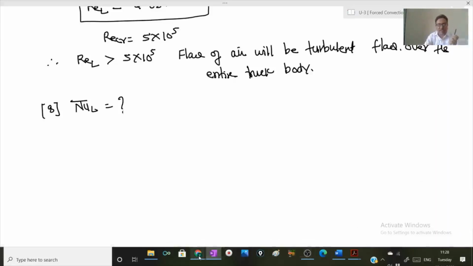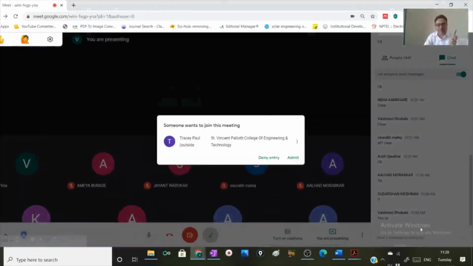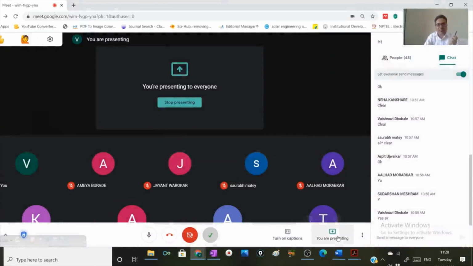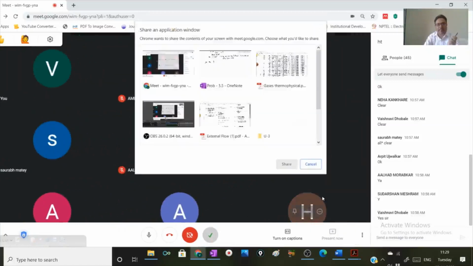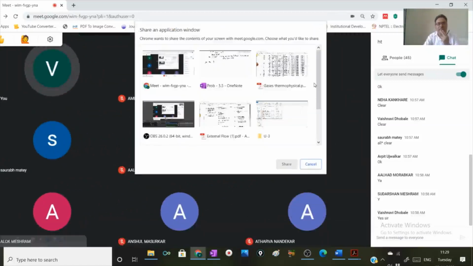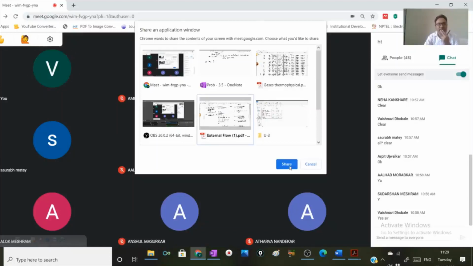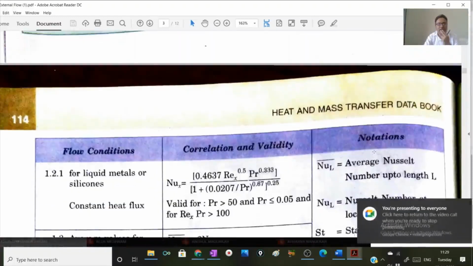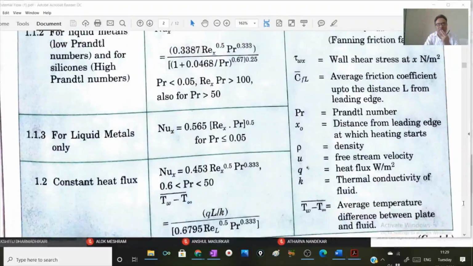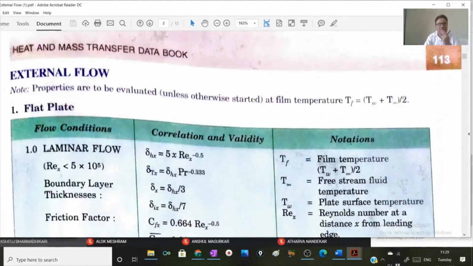So once again, let us refer to the data book. This time refer to page number 113, with the heading External Flow.